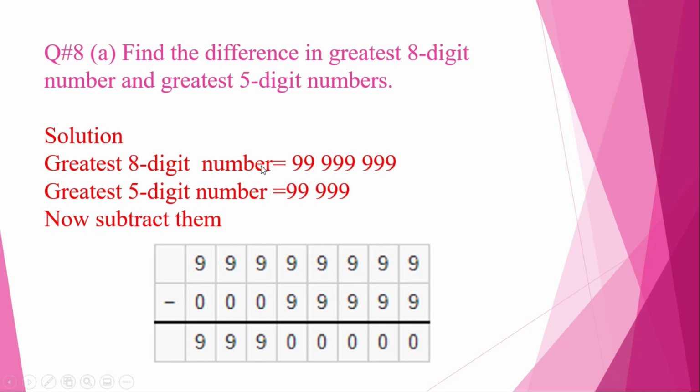Now we subtract the 5-digit number from the 8-digit number, writing it one after one from the right side. 9 minus 9 is 0, five times, and here the numbers end. So we place zeros here, or if you want you can leave it as it is. So 9 minus 0 is 9, 9 minus 0 is 9, 9 minus 0 is 9. And here we get this number.